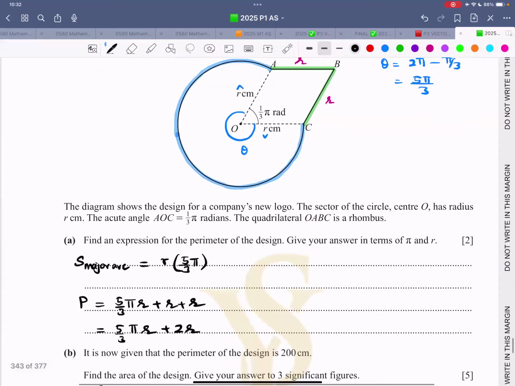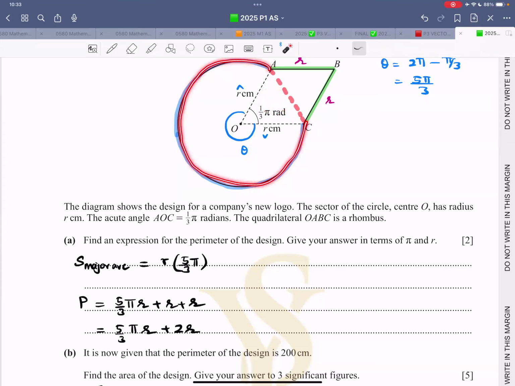Now area of the design. Think about it, what needs to be done? If I draw it like this, this is a triangle and this is the major arc. Maybe if this segment was there, you could subtract the segment to get the area up till here and then add the triangle. That's one thing.